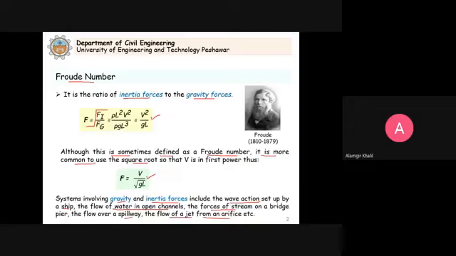If you pick the wrong one, the results will not be realistic. For example, there is a velocity present here in this case, and the same velocity is also present when you consider the Reynolds number. So if we say that the velocity in the model is this much, what will be the corresponding velocity in the prototype?